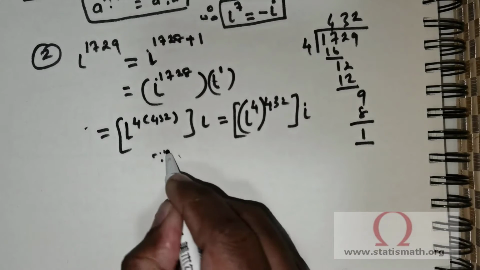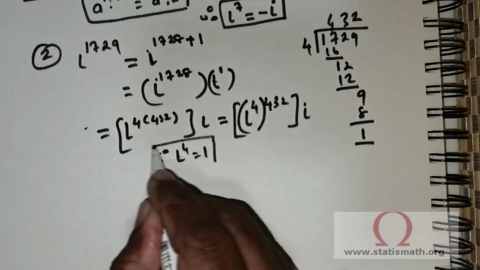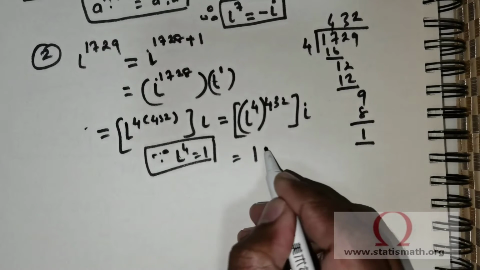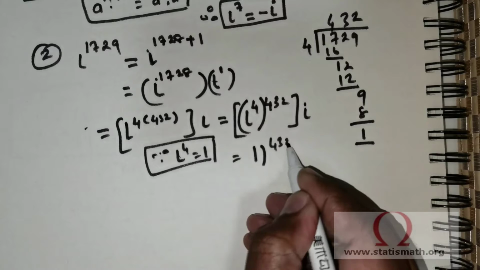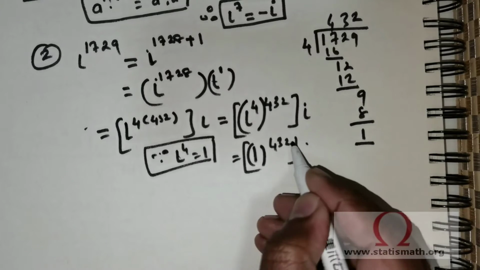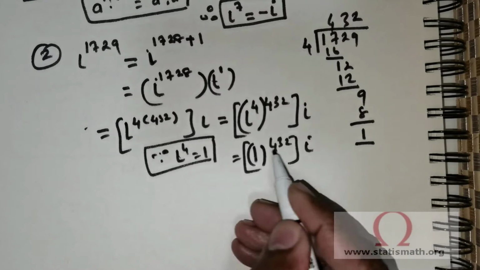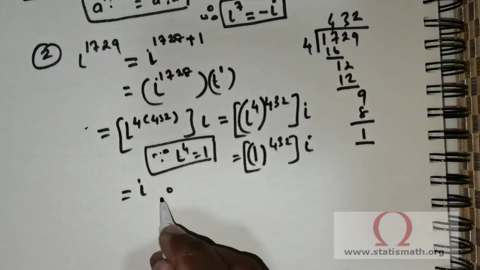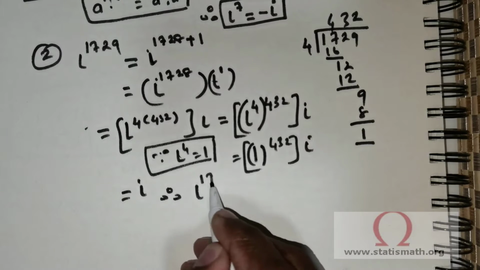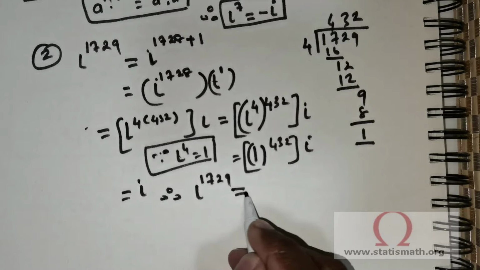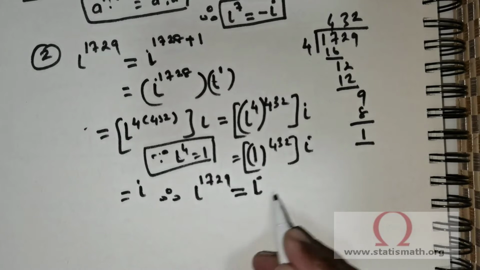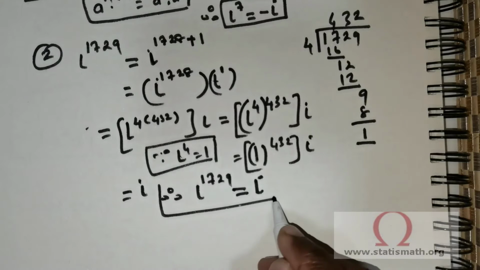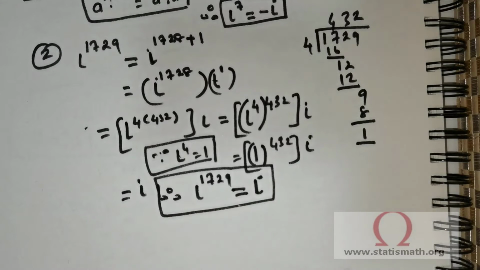Now since i raised to the power 4 is 1, this is going to be 1 raised to the power 432 multiplied with i. Now this is going to be 1. So 1 multiplied with i would give me i. So therefore, i raised to the power 1729 is equal to i. So you can box that result.